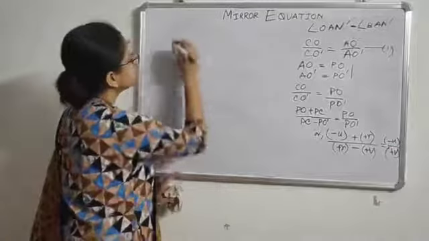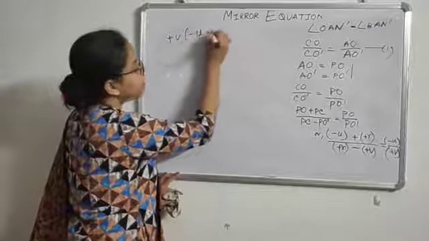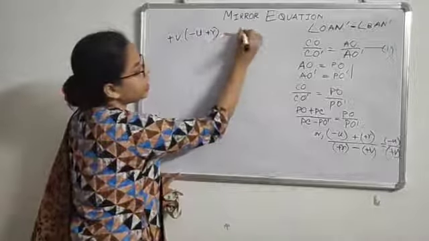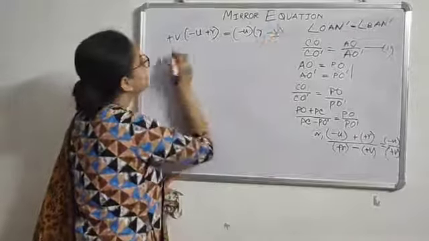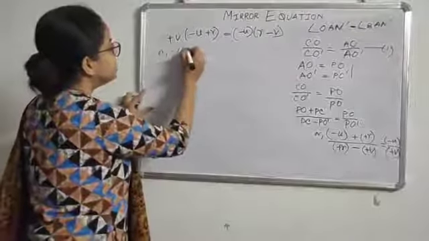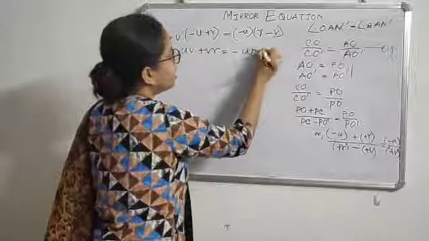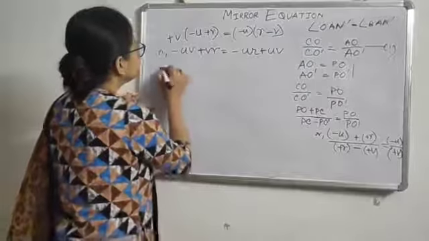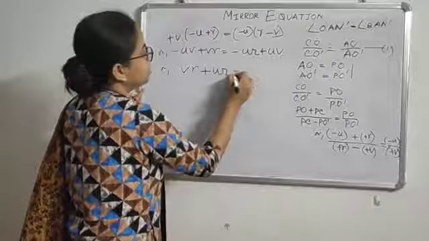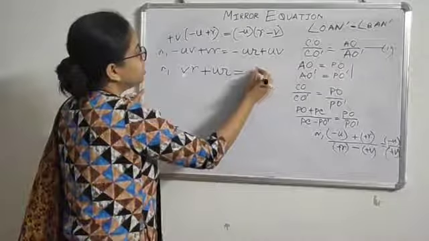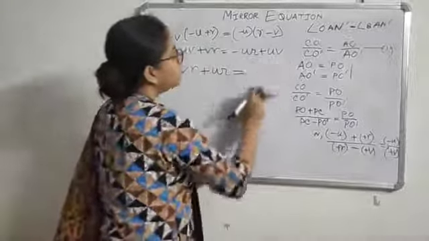Plus V into minus U plus R equals minus U into R minus V, or minus UV plus VR equals minus UR plus UV. So, VR plus UR equals UV plus UV, that can be written as 2UV.